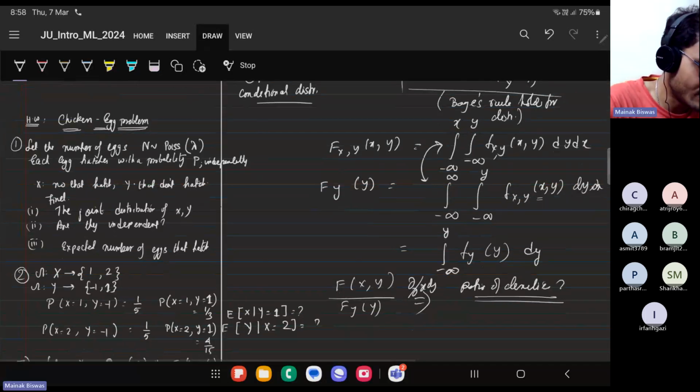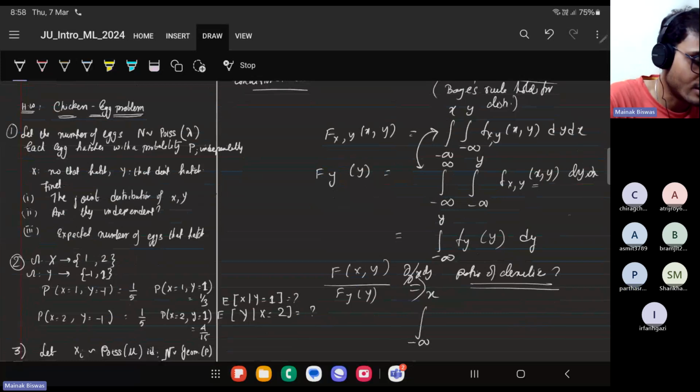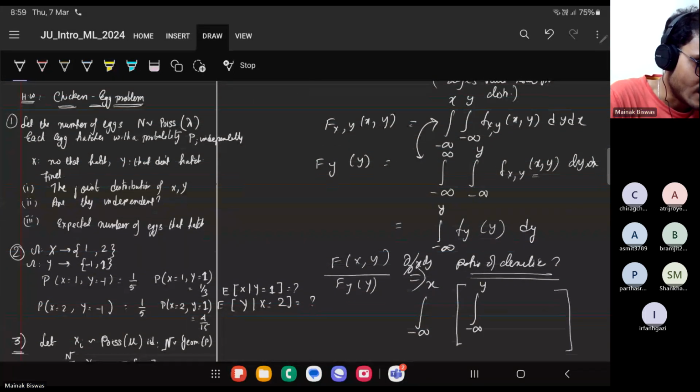Do you agree there will be a minus infinity to x somewhere, since x is the variable that is conditioned on, and you will have an interior variable which will be between minus infinity to y? f of x comma y by f of y.